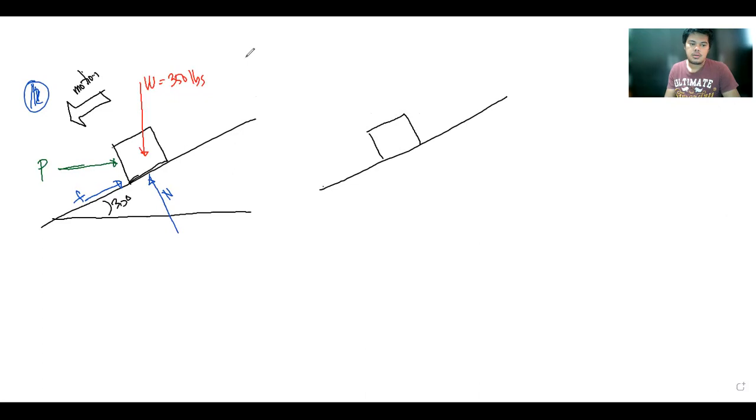We'll try to make the inclined plane our imaginary x-axis, such that we can also set this one as our imaginary y-axis, no?